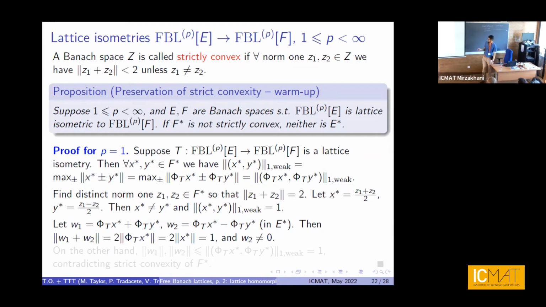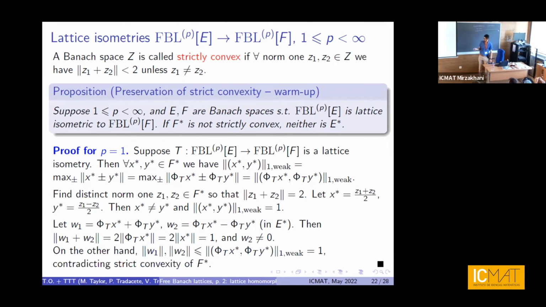And now what can we say about omega 1 plus omega 2? Well, if you add them, then we get twice the image of X star. So we get twice the norm of X star. So this is not 1, this should be 2. And omega 2 is a non-zero vector.